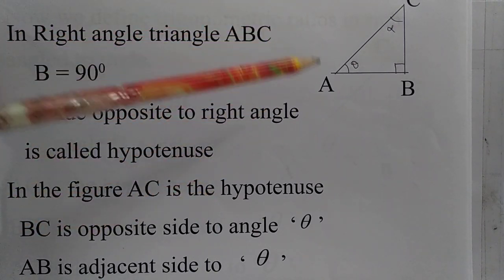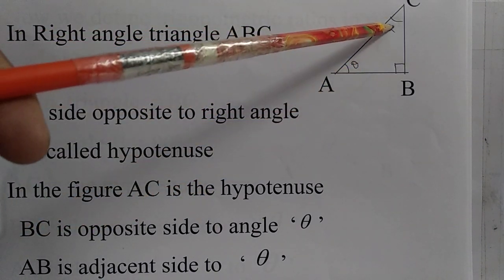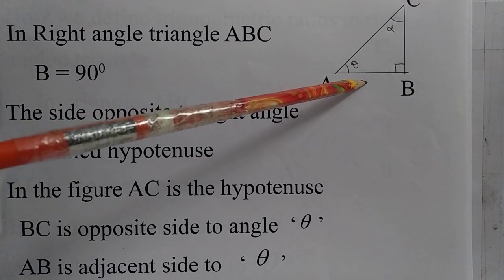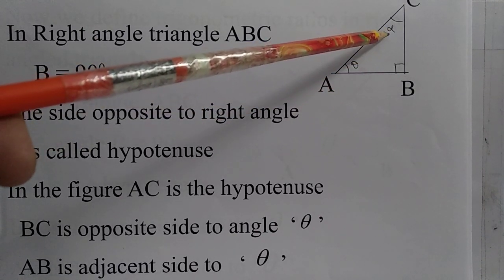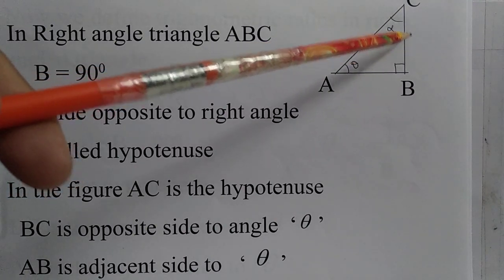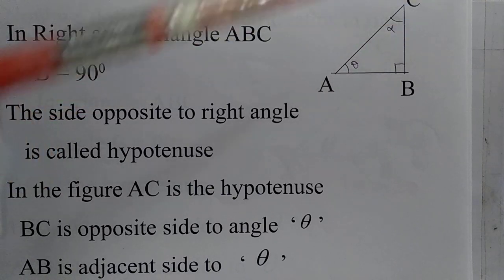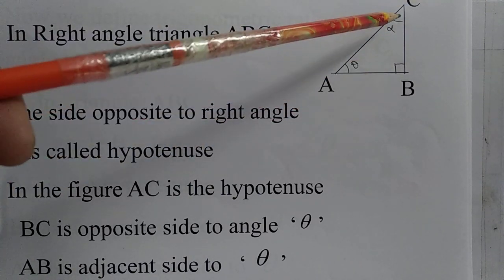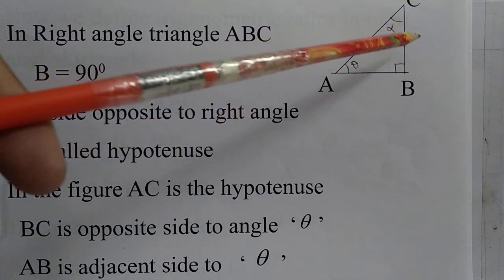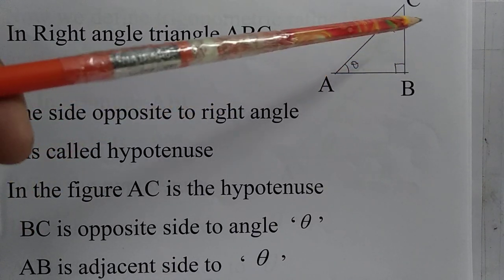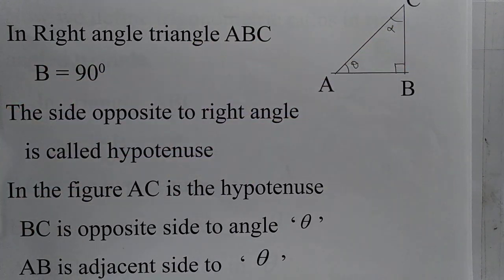For angle alpha, AB is the opposite side to angle alpha, and BC is the adjacent side to angle alpha.